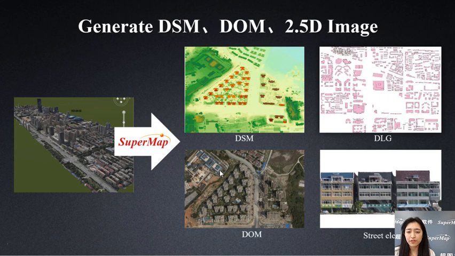And the oblique photography model also has elevation information and texture. It can extract the height precision, the DSM and DOM, and the 2D image, and can produce data based on the generated data, such as extracting building vectors, ground, and so on.